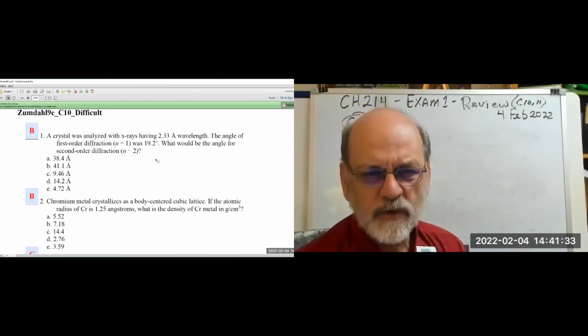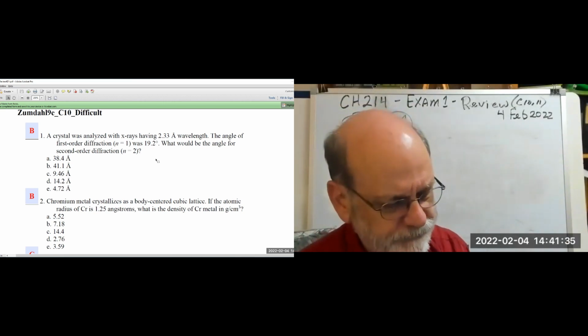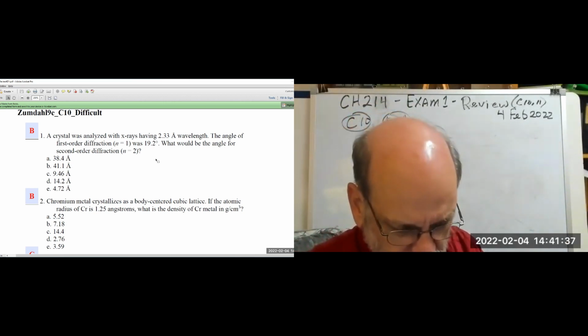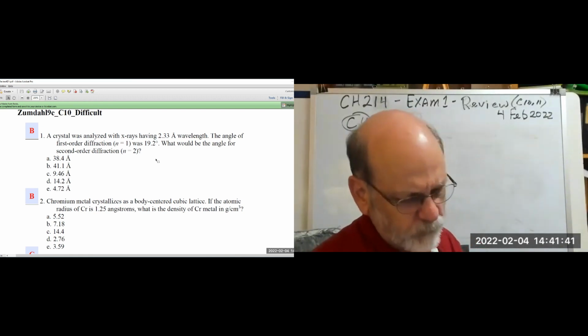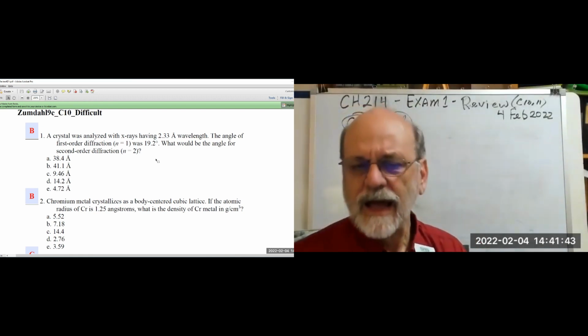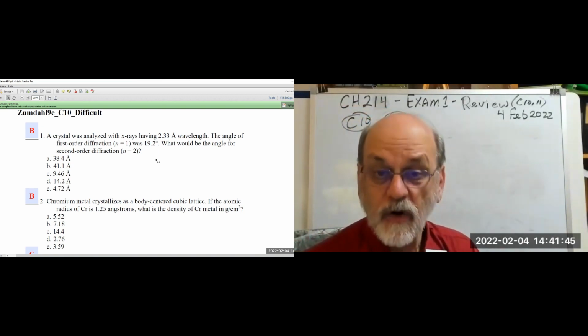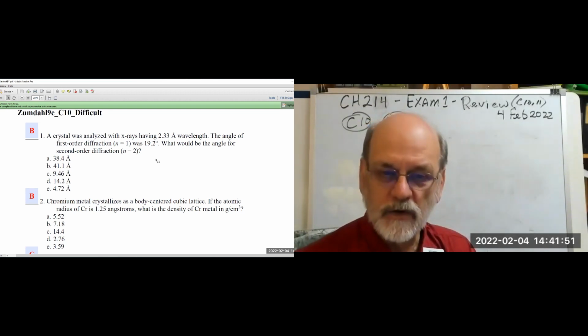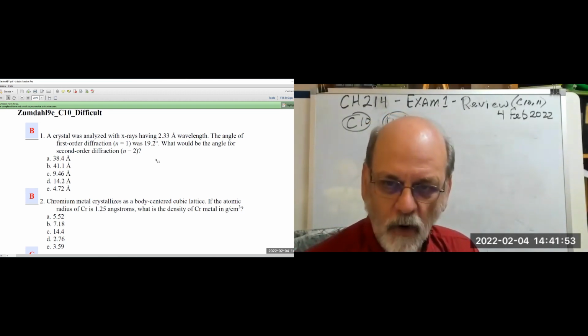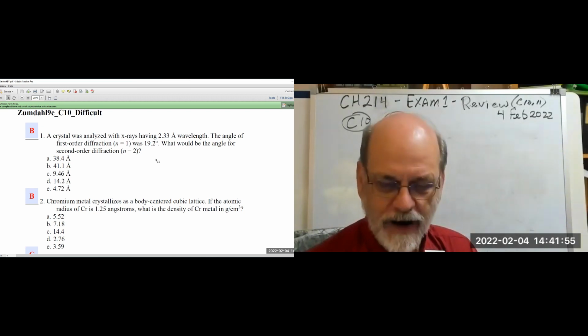A crystal was analyzed with X-rays having 2.33 angstrom wavelength. The angle of first order diffraction, n equals 1, was 19.2 degrees. What would be the angle for the second order diffraction?